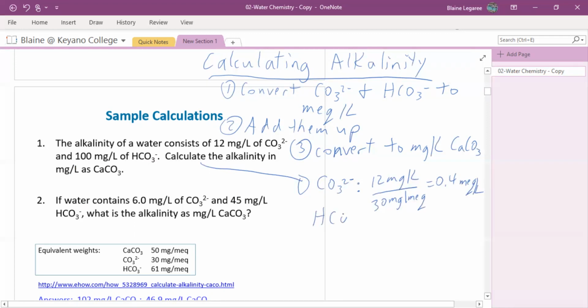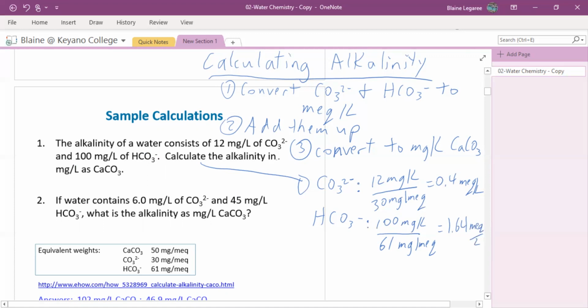Our bicarbonate, HCO3 negative, is a similar calculation. We have 100 milligrams per liter. Divide that by the equivalent weight, which is 61 milligrams per milliequivalent. I'll grab my calculator, I can't quite do that one in my head. I get 1.64 milliequivalent per liter.